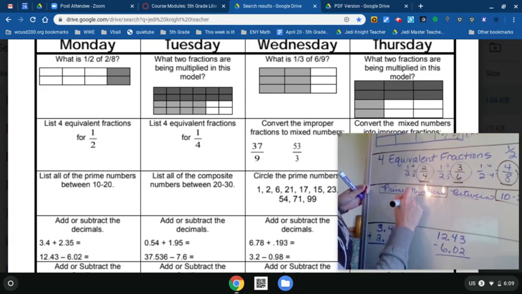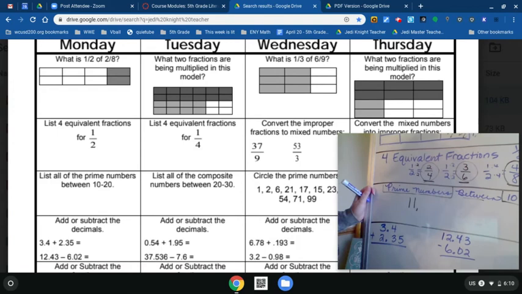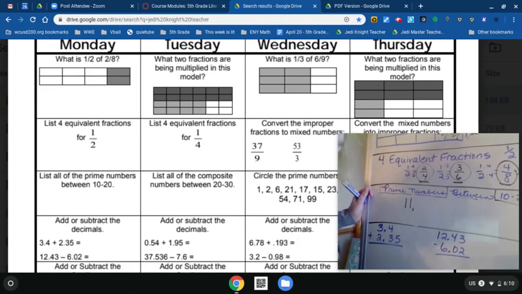But 11, I think, is going to work, right? Because 11 can only be divided by 11 or 1. So that means it's prime. Think about 12. Nope, that's what we call composite because it can be divided by 2, 4, 3. 13. There's a prime number for you because it can only be divided by 13 and 1. 14. Nope. Can be divided by 2, 7. 15. Nope.